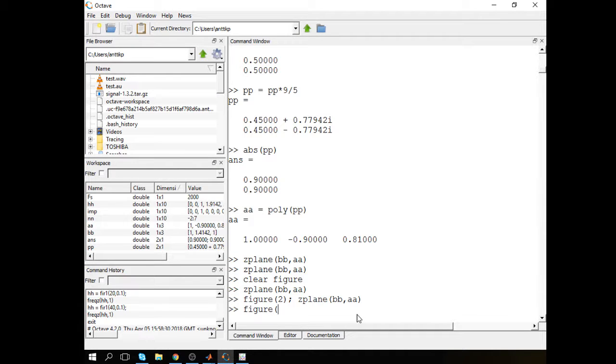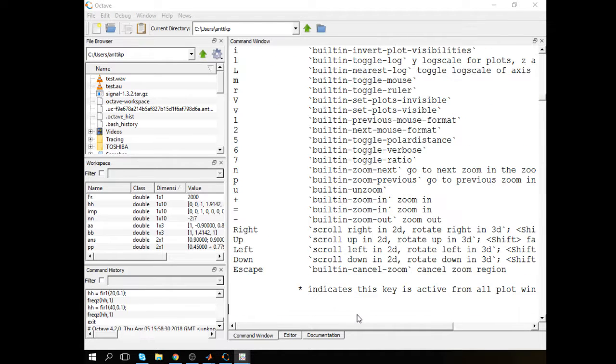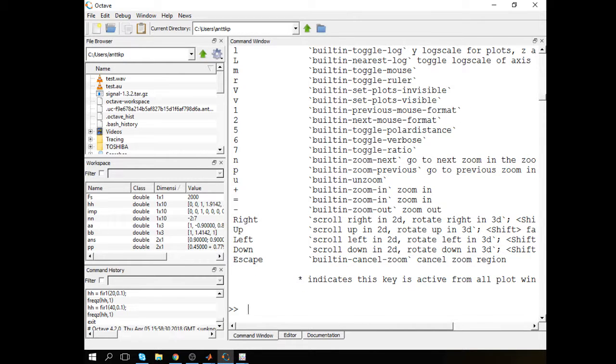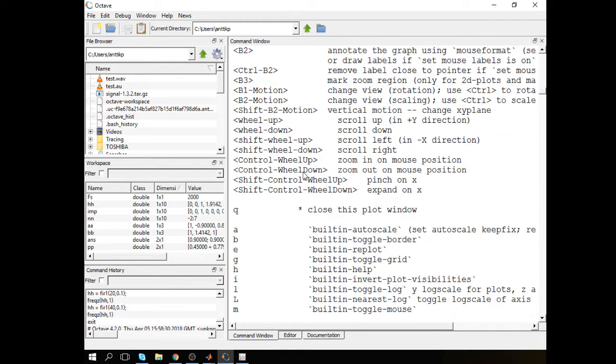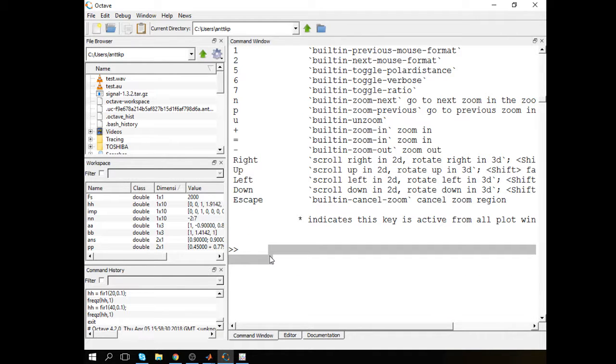Let me also do the frequency response over again. What happened? I hit something. Hmm. BBAA imp, and then stem.